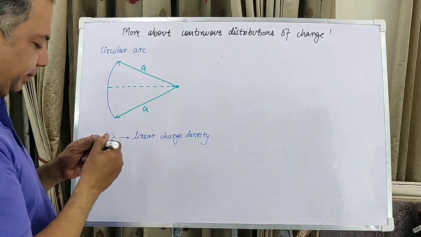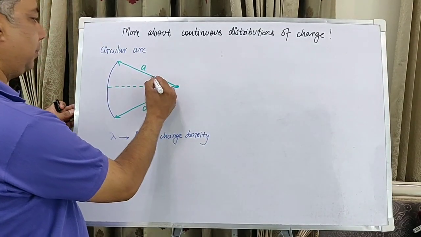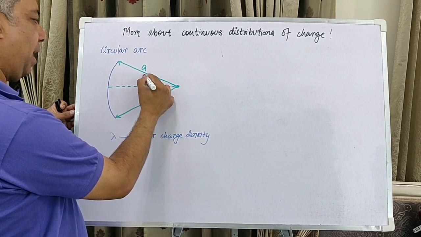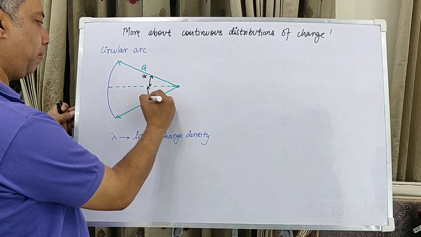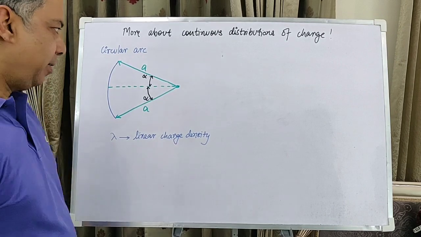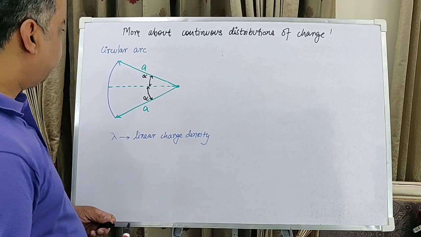The angles here are alpha each, and we'll be calculating the electric field at the geometric center of this circular arc.